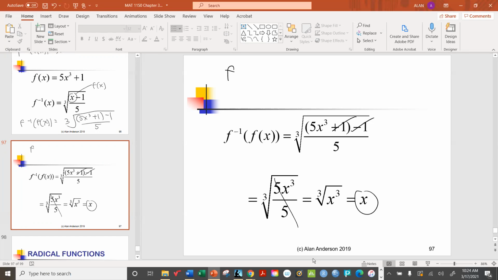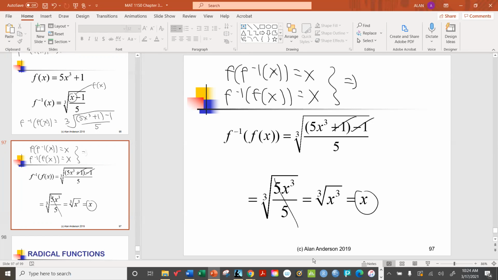We showed that f of f inverse of x equals x. We've proven f inverse of f of x is x, and these combined prove that f inverse of x is indeed the cube root of x minus 1 over 5. And we're done. So we not only found the inverse, we proved it.